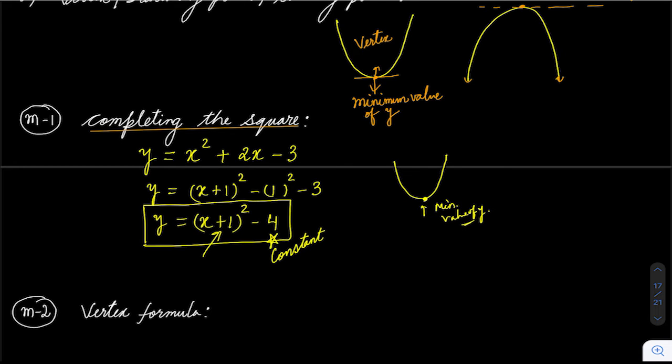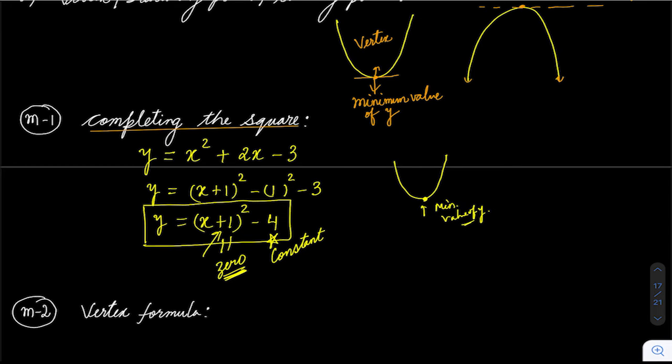And you know a square value is never negative. So what's the minimum value of a square? The minimum will be 0. If this square value is 0, y is minimum, and this point will give you the vertex.